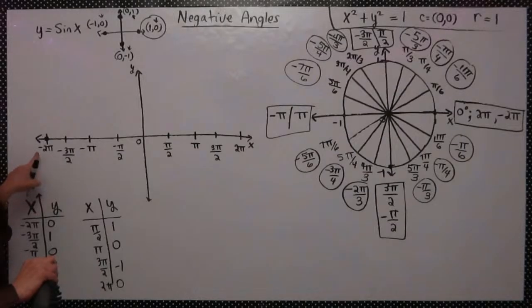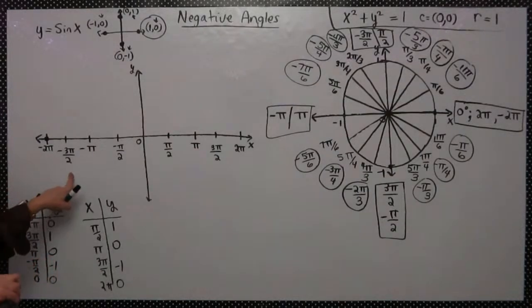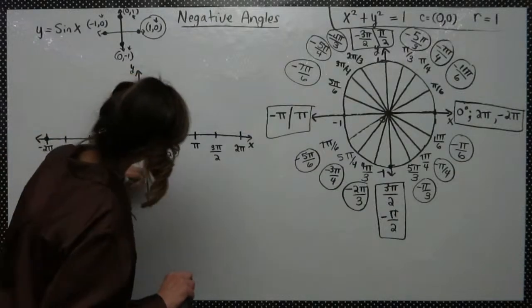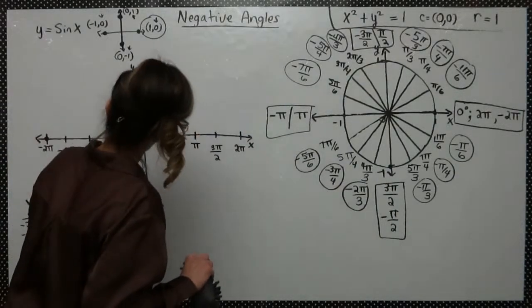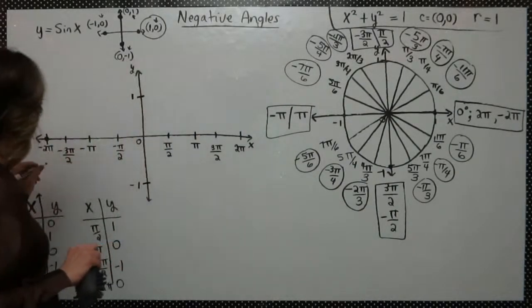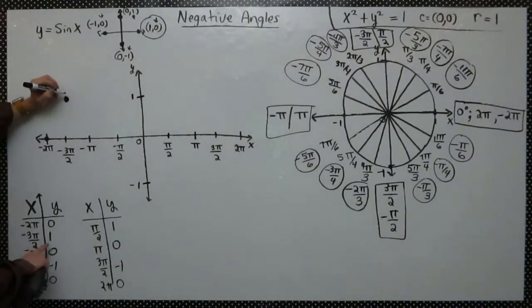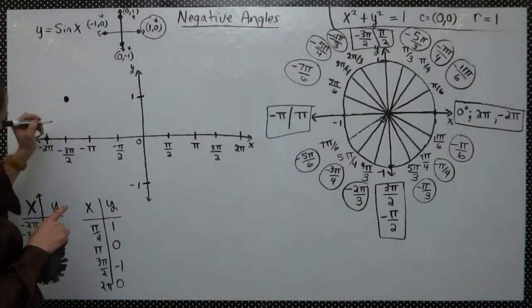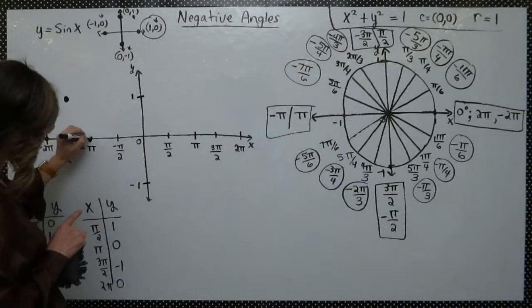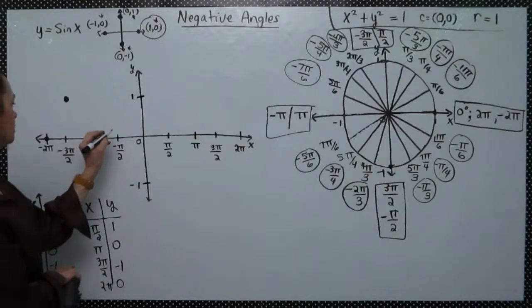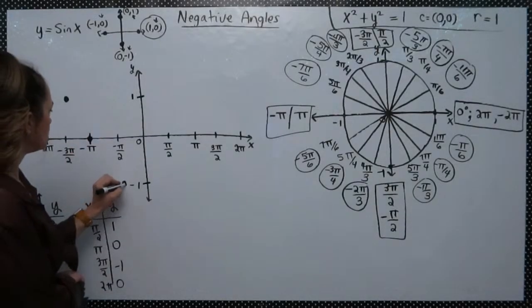So negative 2 pi and then negative 3 pi over 2. I put 1 here. 3 pi over 2, I'm up here at 1. And then negative pi, I'm back to 0. Negative pi over 2, I'm at negative 1. Down here.